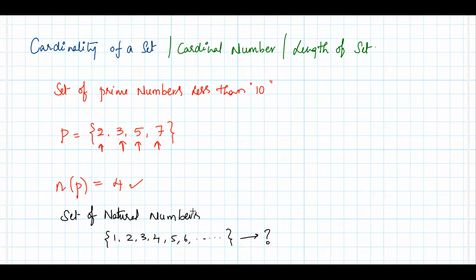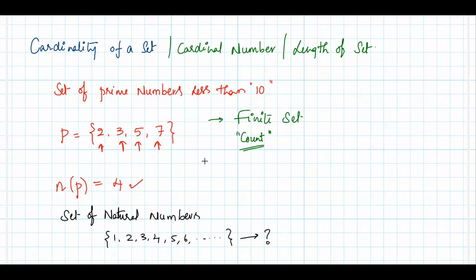So in the aspect of finding the cardinal number, there are 2 things: can we count the elements in the set, or can we not? If we can count, then we call the particular set a finite set. We can count the elements in the set, which means we can tell exactly what the cardinality of this particular set is.